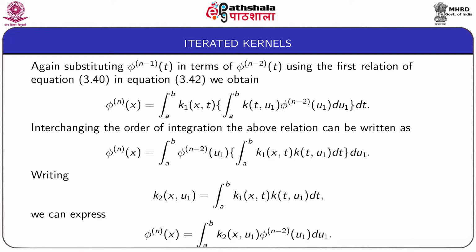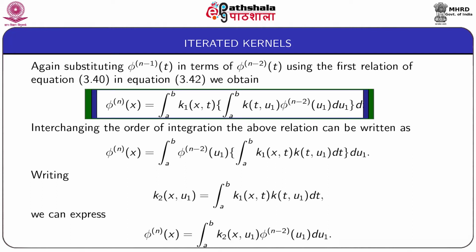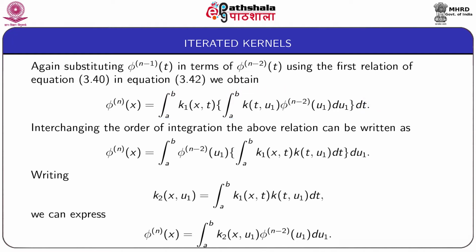so that the relation 3.42 can be written as phi superscript n (x) equal to integral a to b K1(x,t) dt as the outer integral, and the inner integral is integral a to b K(t,u1) phi superscript n minus 2 (u1) du1.